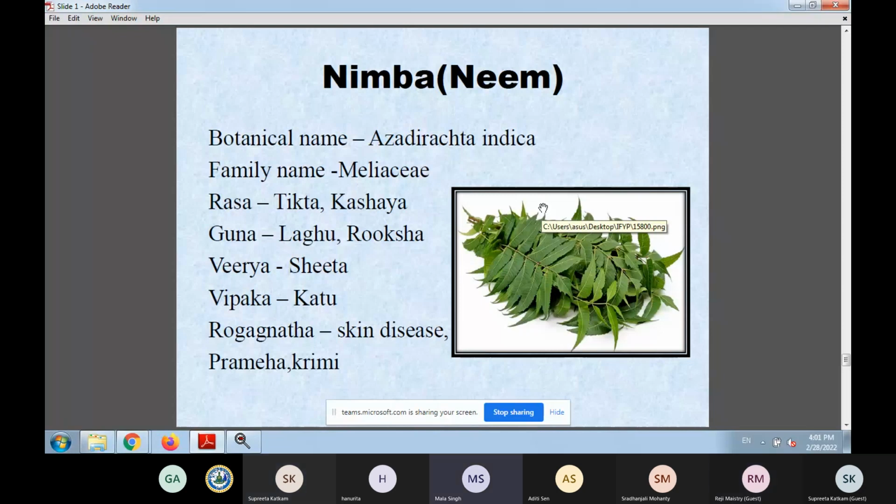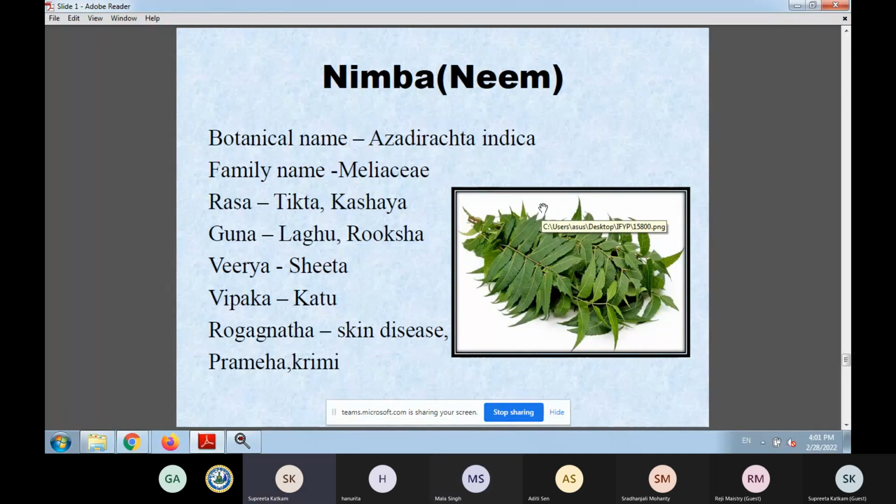Doc, if neem works as an 80% cleanser for worm infestation, what else can we combine with it so we can clear out all types of worms? There is another substance called Vidanga.